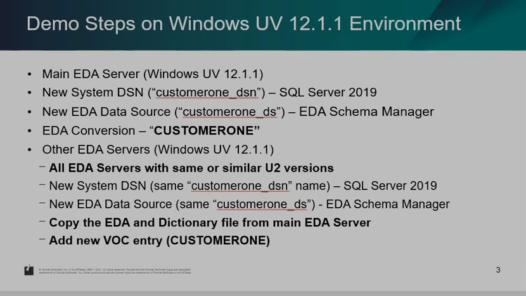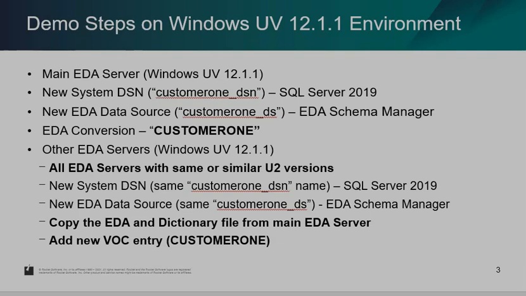The second machine, another EDA server, is using the same Universe 12.1. You need a similar setting in your EDA environment. The first major thing is to create the same system DSN name on the other machine, so I'm using the same name, customer1_DSN.